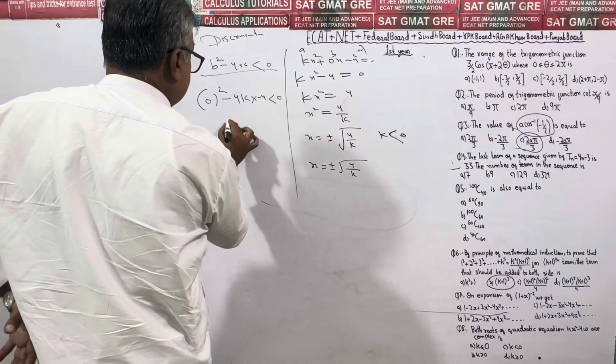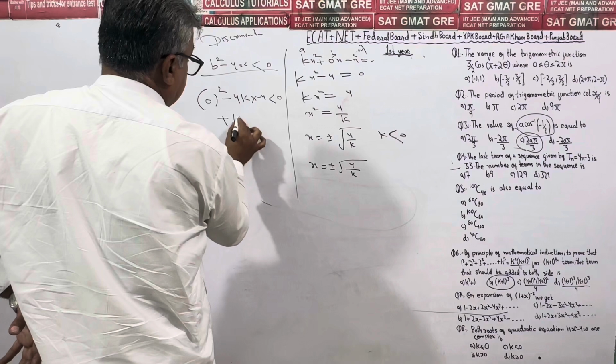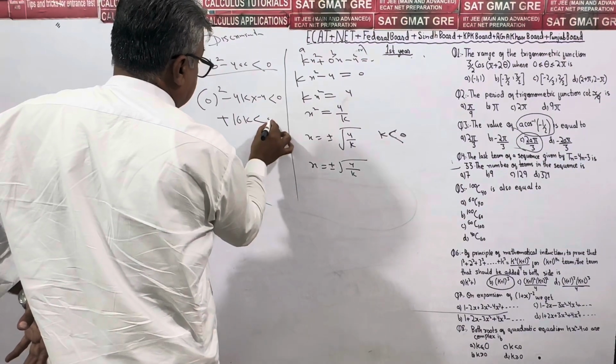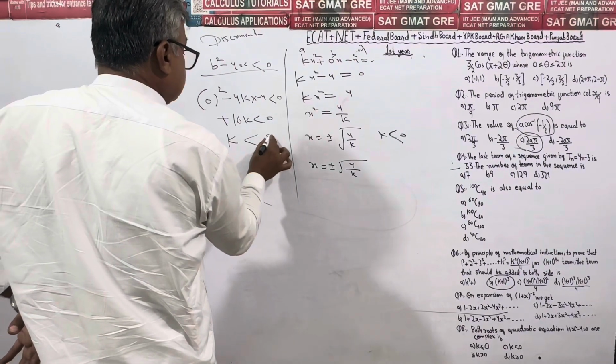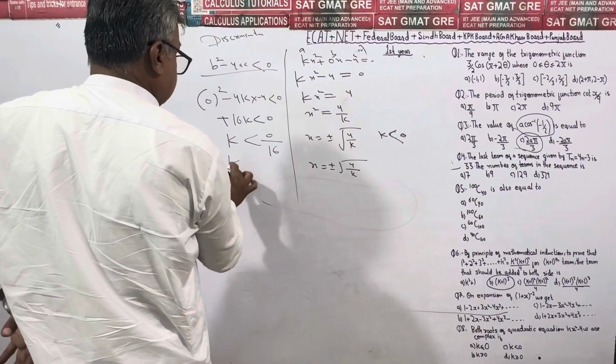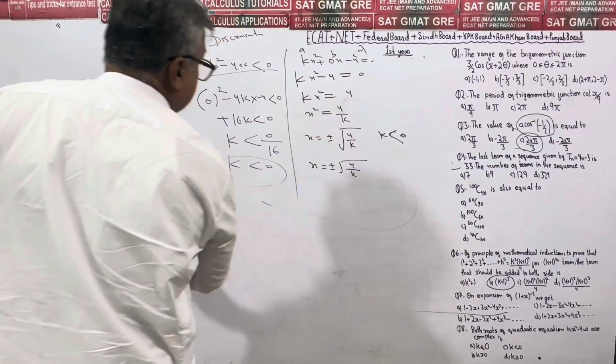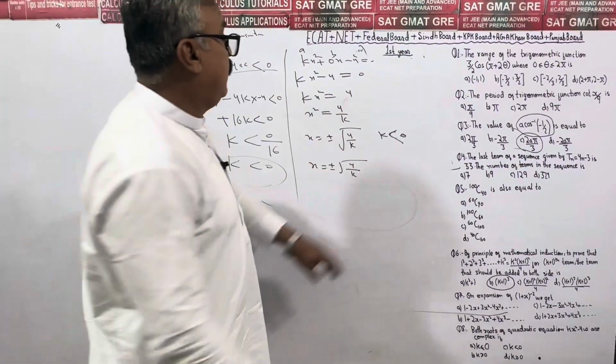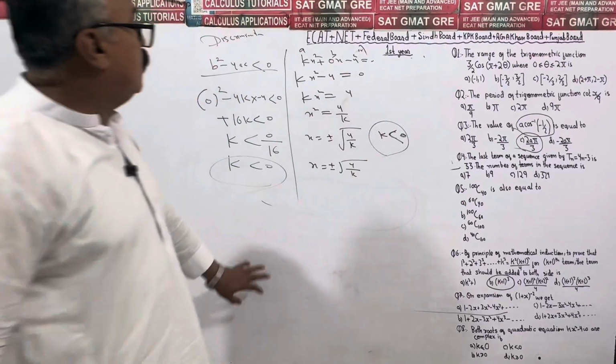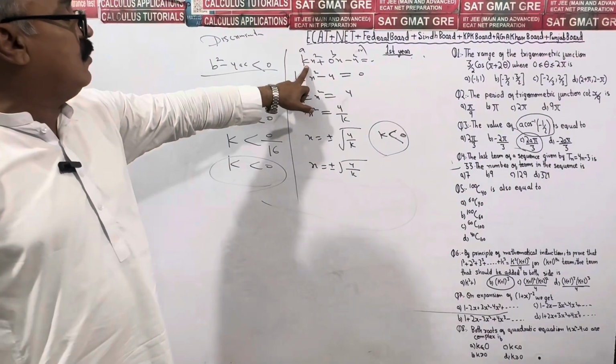So we have 16k less than 0, or k is less than 0 over 16. So k is less than 0 is the required condition in that case when both roots of this quadratic equation are complex.